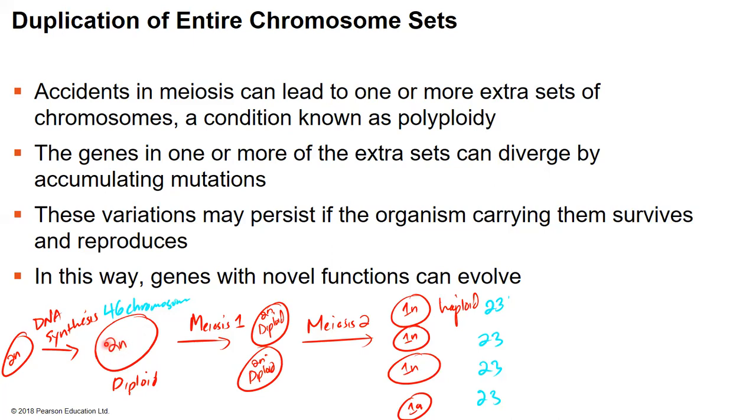So before meiosis, each chromosome is duplicated, and each chromosome consists of 2 sister chromatids. So at the end of meiosis, we have half the number of chromosomes.